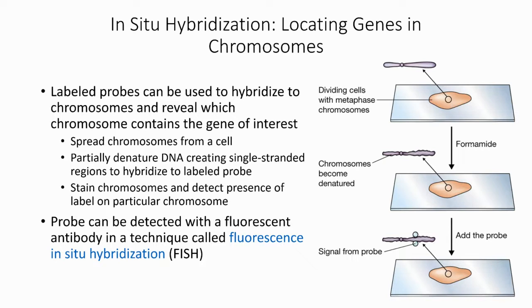You use formamide to denature the DNA, so it becomes single-stranded, and then you add a labeled probe, either an isotope-labeled probe or a fluorescent-labeled probe. And this probe is a specific gene that you want to identify. Then you hybridize with the chromosome on the slide. Then you'll be able to see the location of that specific sequence.